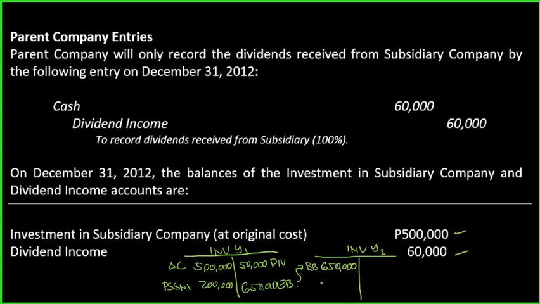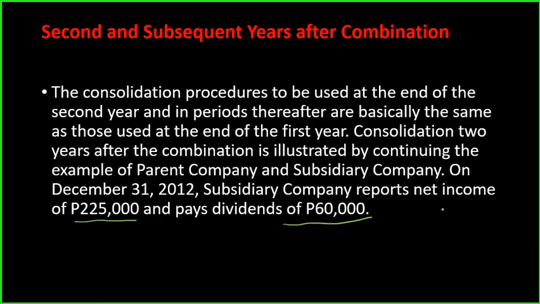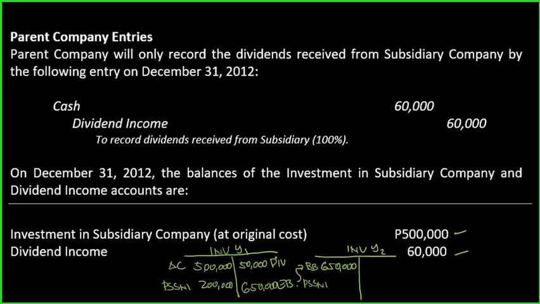Also, the parent's share in the subsidiary's net income, 100% owned, is 225,000 pesos. We add that. And then the dividends declared will be posted on the credit side, 60,000 pesos. So what is now the ending balance?